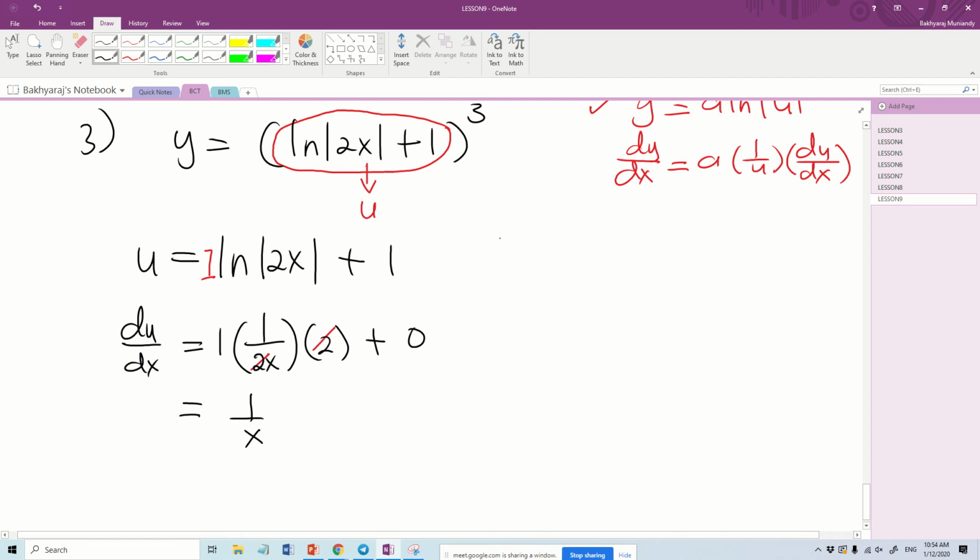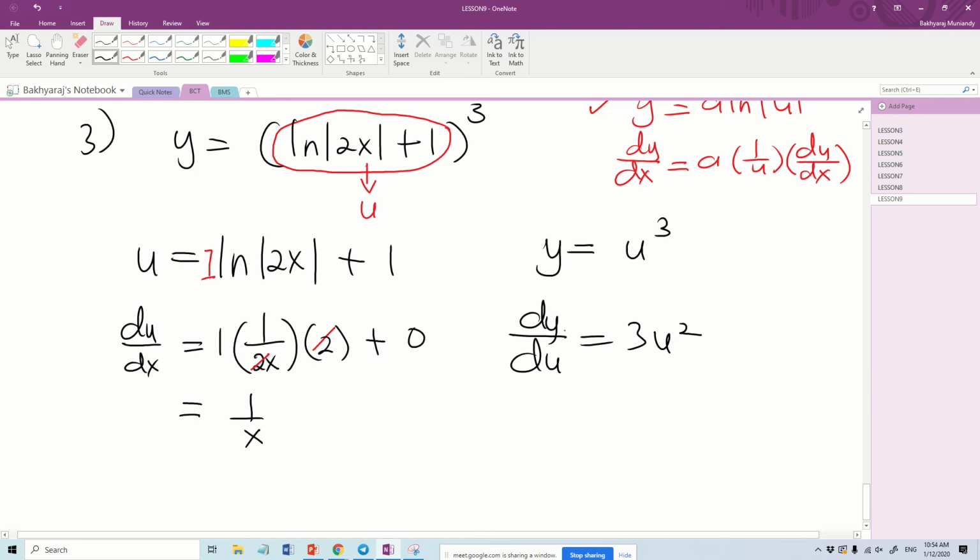Okay, what about your y? y will be equal to u power of 3. Okay, ini akan jadi u power of 3.